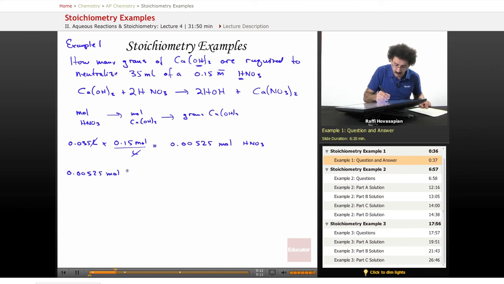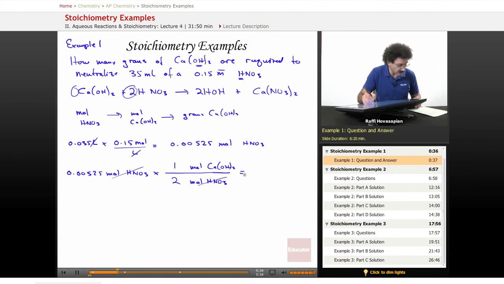Okay, well, 0.00525 mole of HNO3, and the mole ratio is 2 moles of HNO3 per 1 mole of calcium hydroxide. Therefore, when we cancel that, we end up with... Oh, actually, you know what?